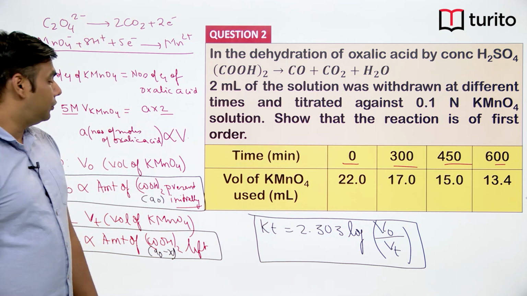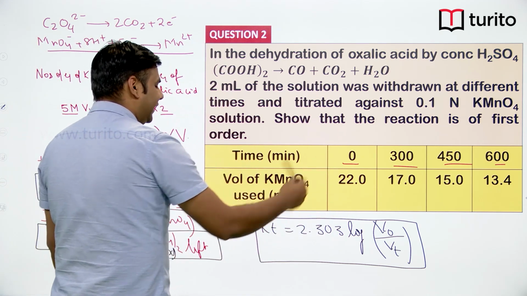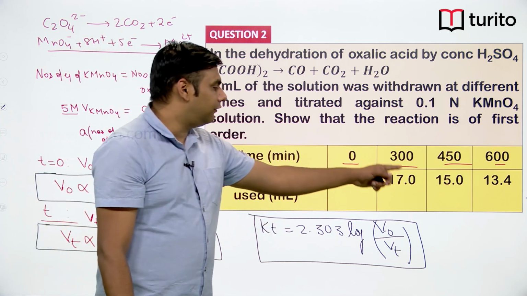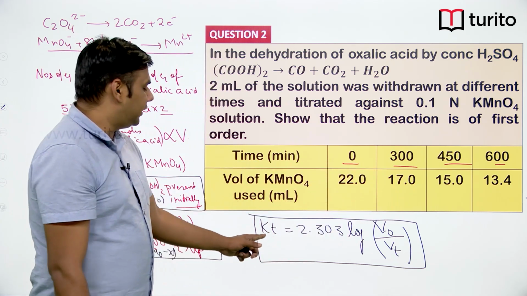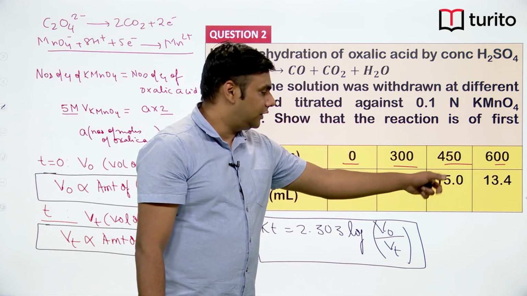So we'll take V0 as 22, and at 300 minutes we'll take the value of Vt as 17. Time is 300, so we'll calculate the value of k. Similarly, we'll do this for the other data as well.